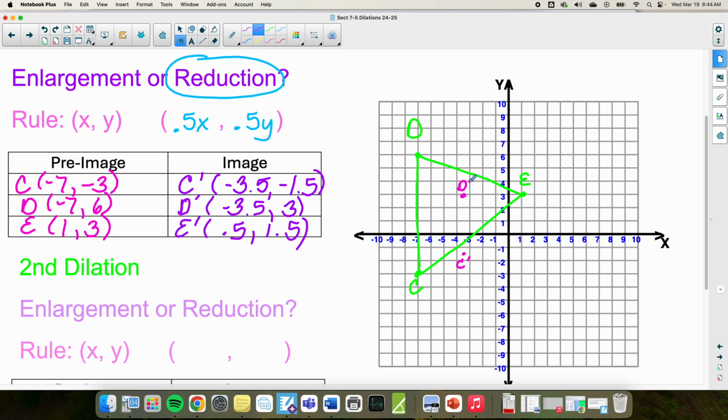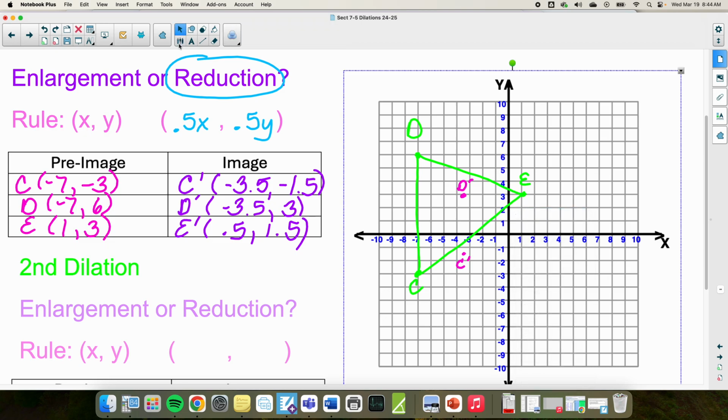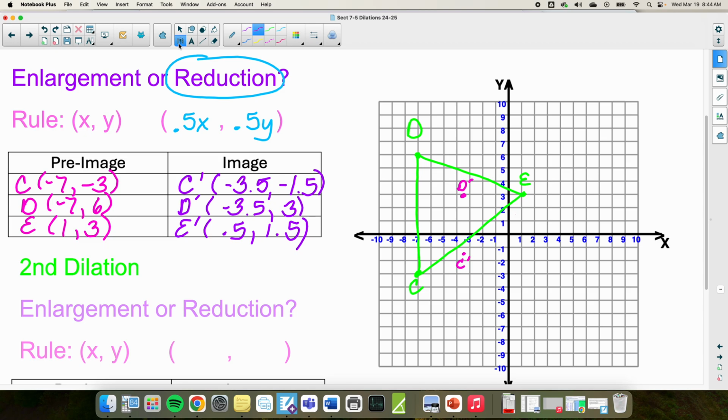And then I'm going to go for my E prime. It's at 0.5, 1.5. That was 0.5, 1.5, and that is my E prime, okay? So now I can connect.